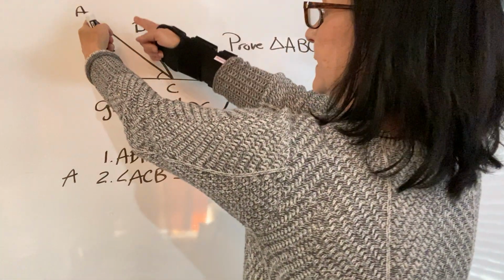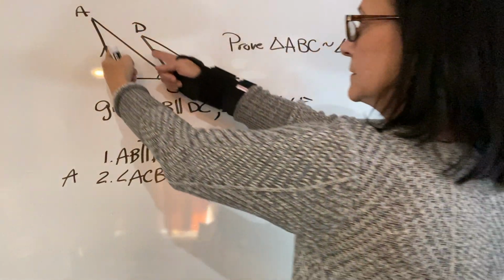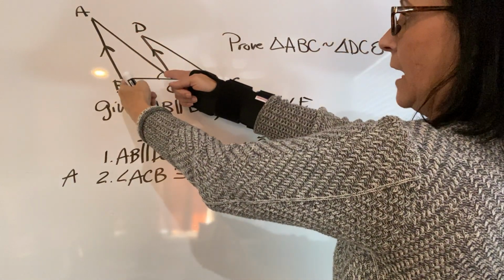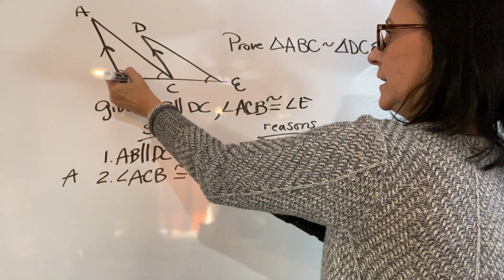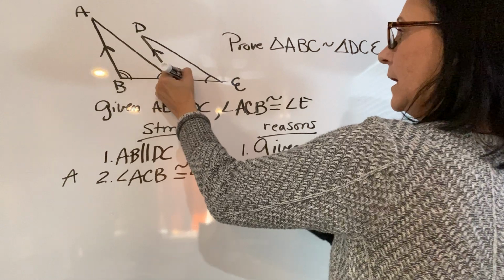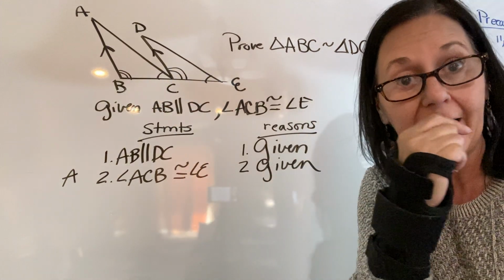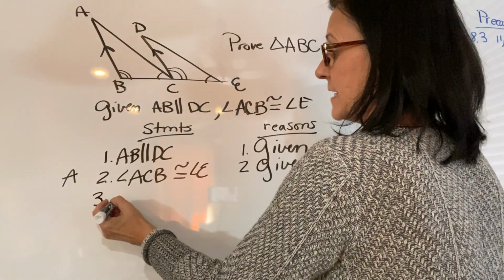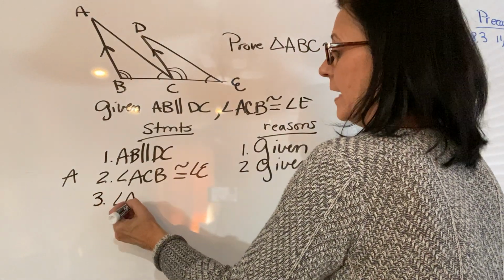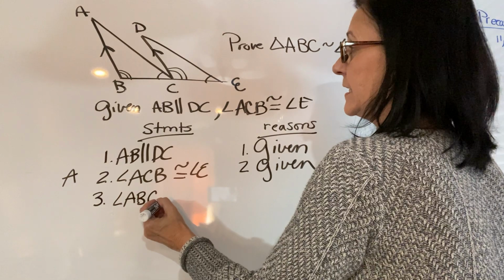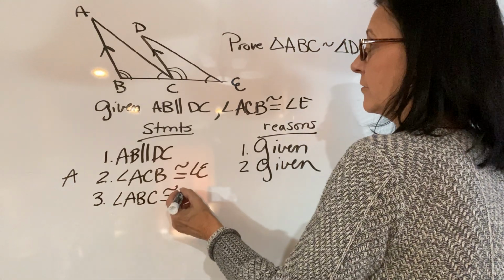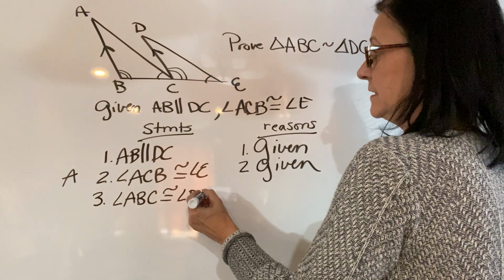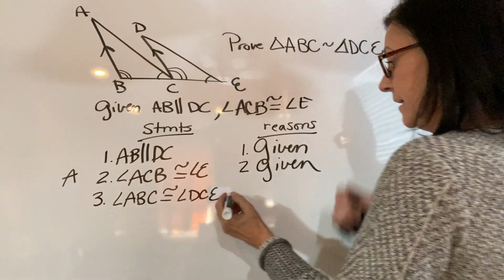Looking at these parallel lines, I have corresponding angles here and here. So I can say angle ABC is congruent to angle DCE.